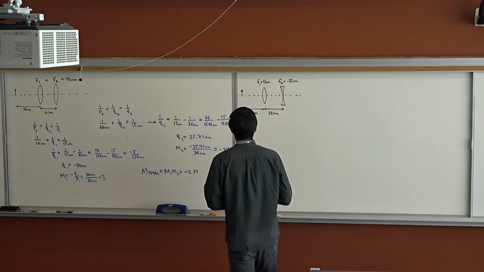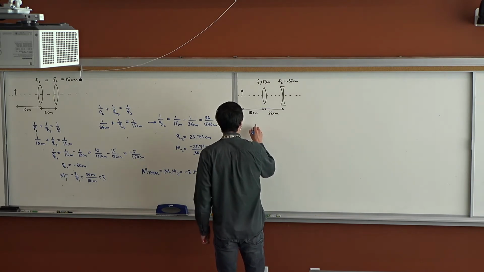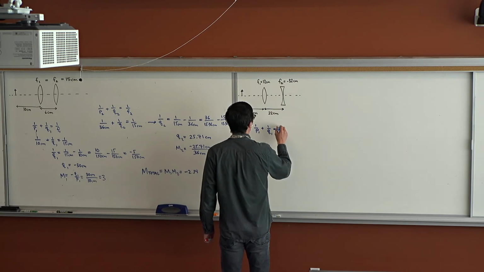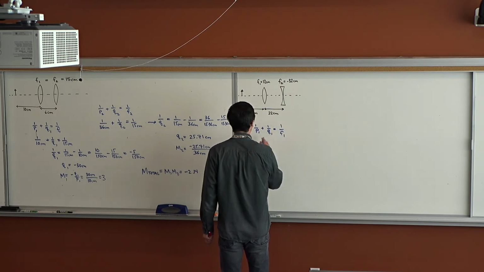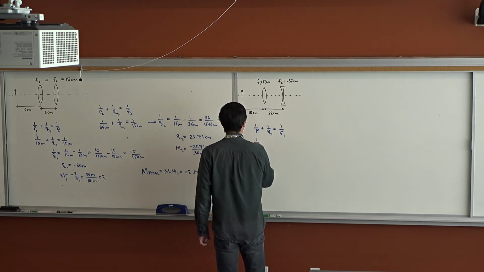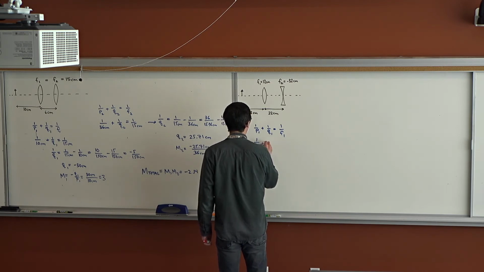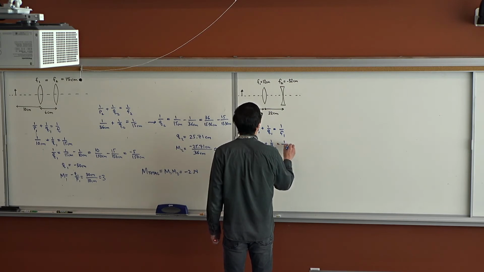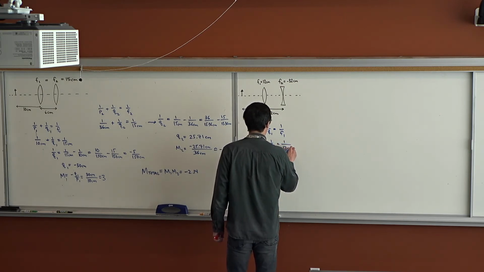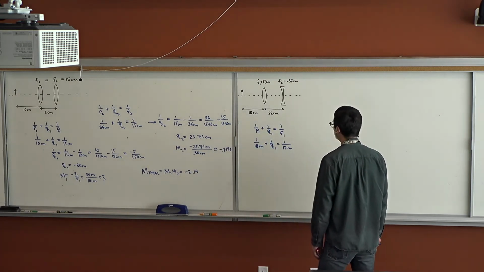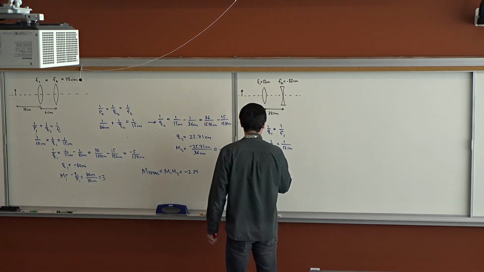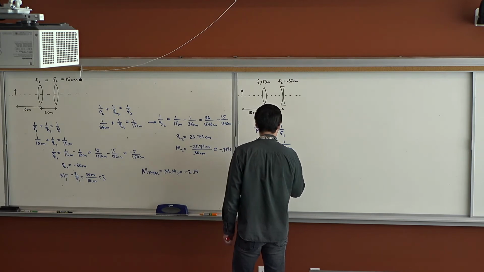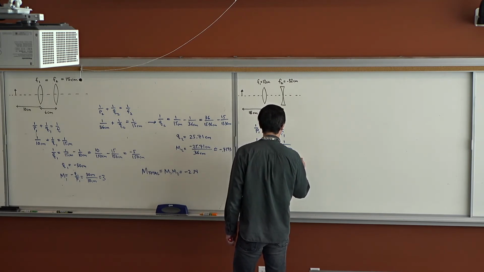And so for the first lens, we can say that 1 over P1 plus 1 over Q1 is equal to 1 over F1. So 1 over 18 centimeters plus 1 over Q1 is 1 over 12 centimeters. So 1 over Q1 is equal to 1 over 12 centimeters minus 1 over 18 centimeters.